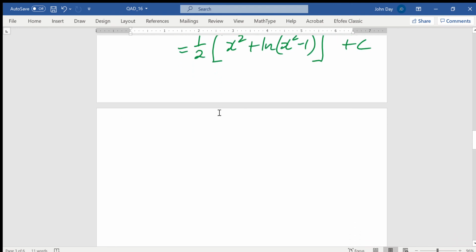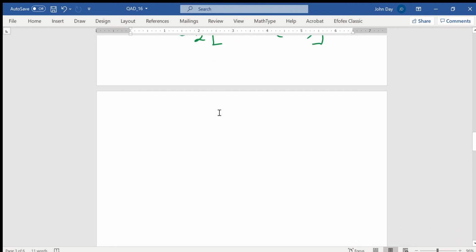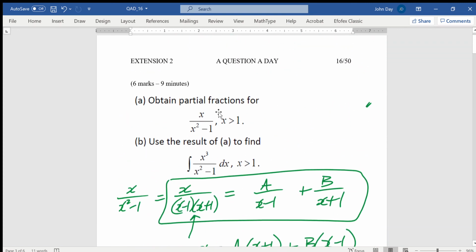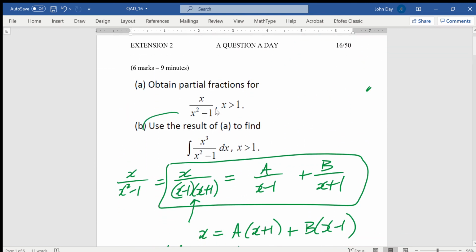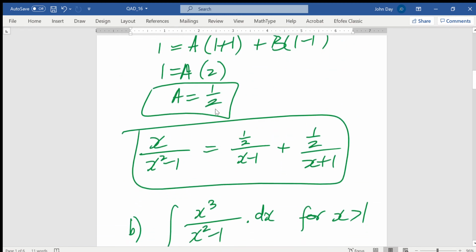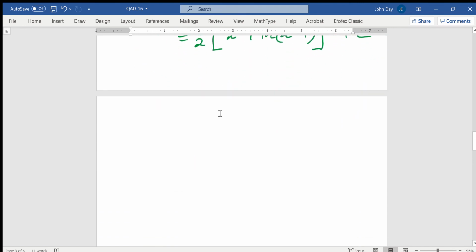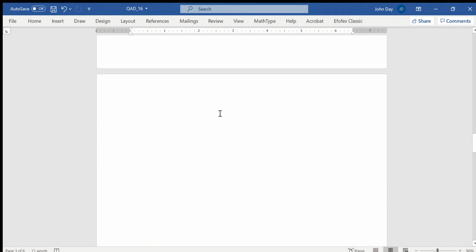Now, just out of interest, they told me I had to do it that way, to use the result of part A to find that integral, which I have. But what if you'd wanted to do it a different way? What if you hadn't thought of that? What if they didn't lead you through it?